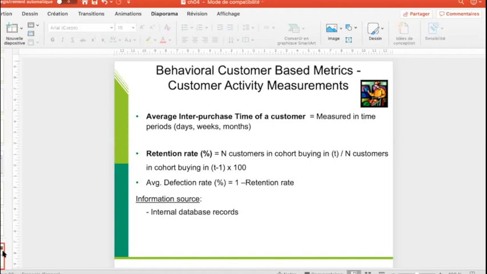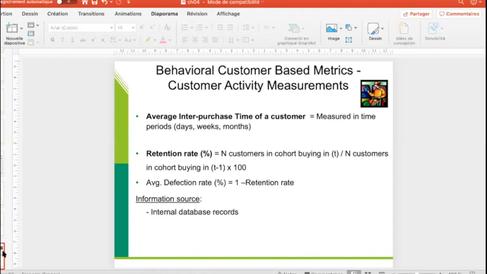To give you an example, you have a database of, let's say, 100,000 customers who bought in T minus 1, so in the last period, for example, in 2019. And in 2020, the actual time period, you have 90,000 customers in the database who continue to buy.